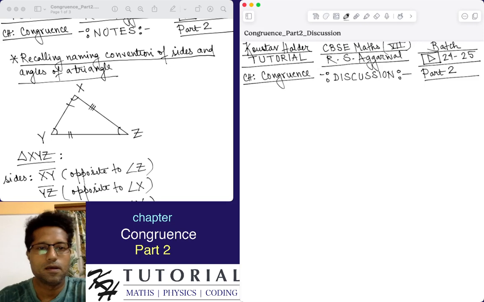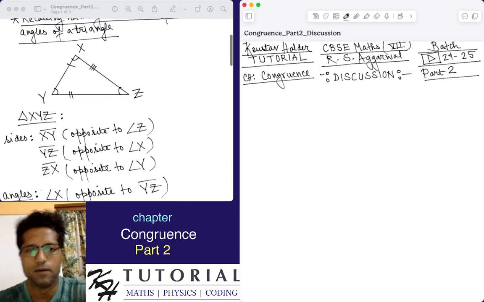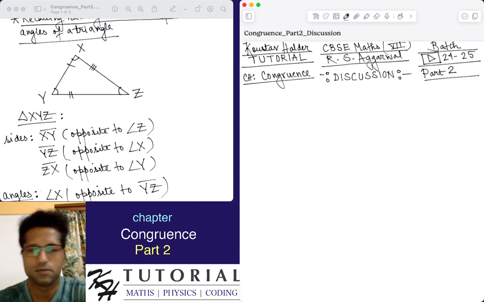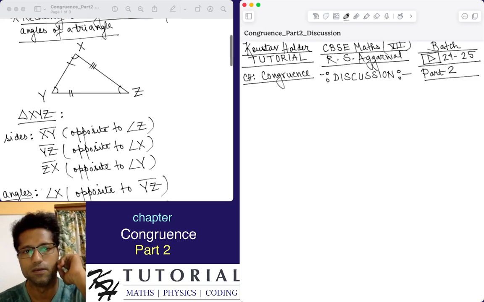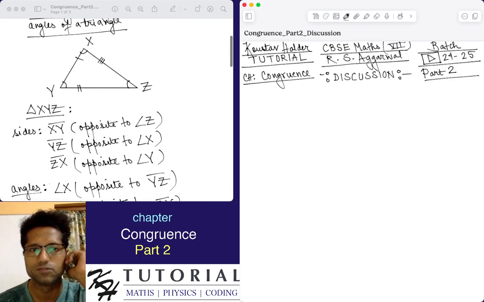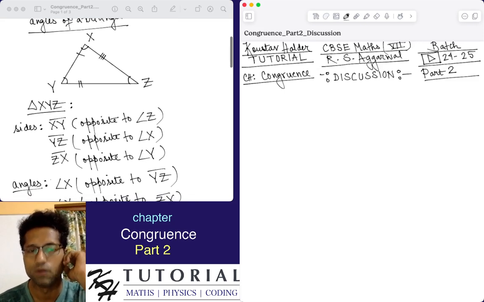But the moment you name a triangle, it will automatically define the names of the sides of the triangle, and of course which angle is opposite to which side. So in this figure, if I name this triangle XYZ, then what are the sides?